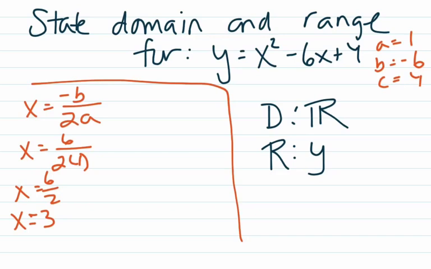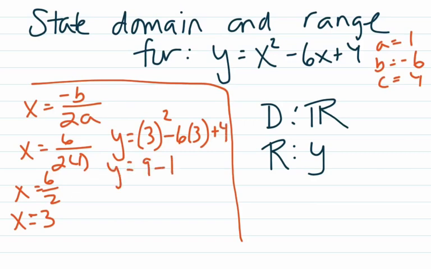To get the actual vertex, I need to go and plug that 3 in. And so 3 squared is 9 minus 18 plus 4. So we have negative 9 plus 4, which is negative 5. Okay, so what does that tell us? Let's see. What am I going to do here?